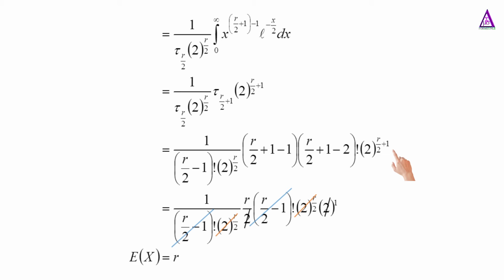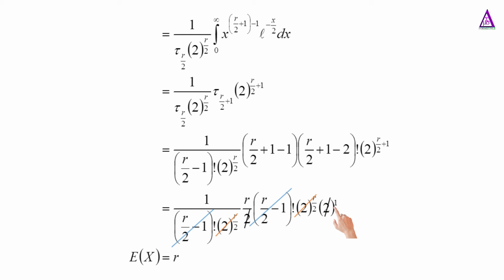Now if we look at this equation, we are just trying to expand the factorial in this place, and the result gave us 1 divided by r divided by 2 minus 1 factorial, 2 raised to power r divided by 2, and minus 1 plus 1 cancel each other.